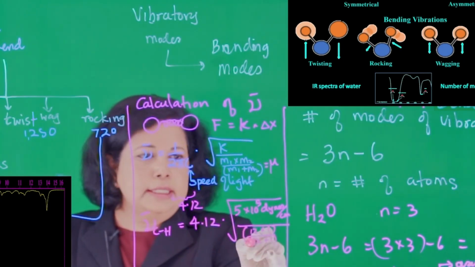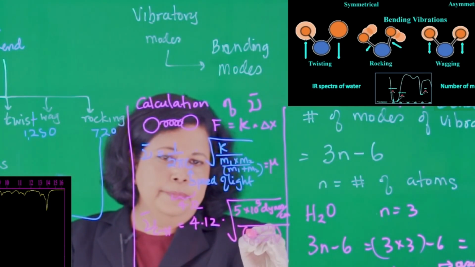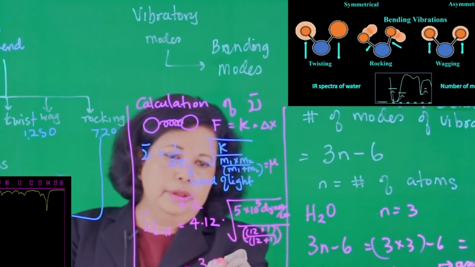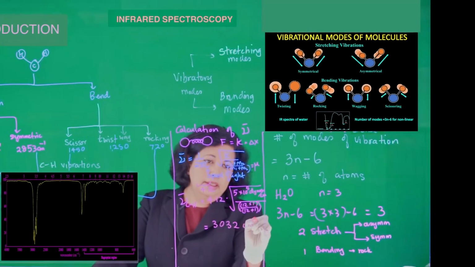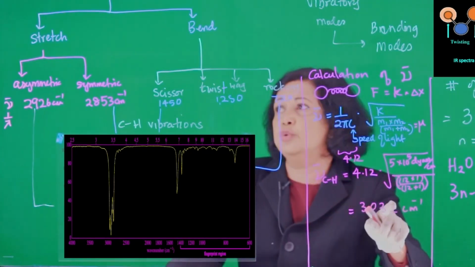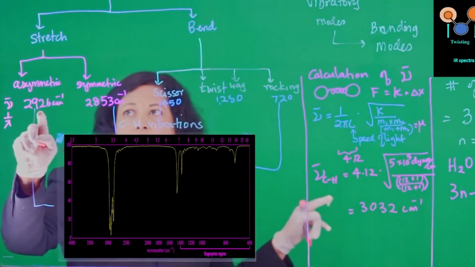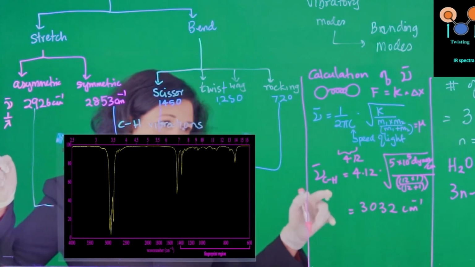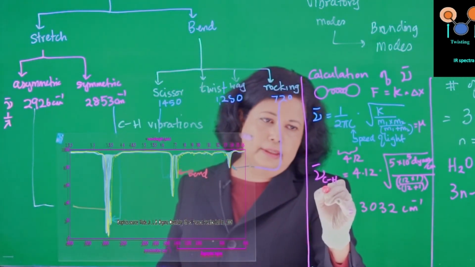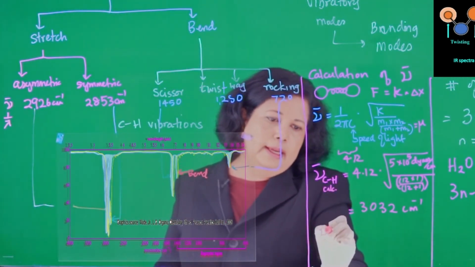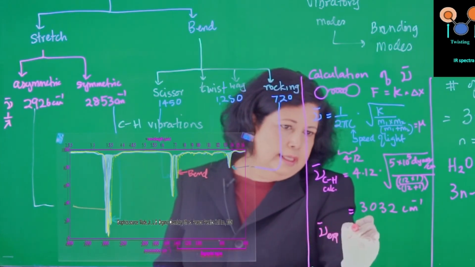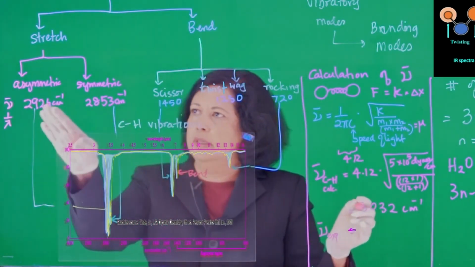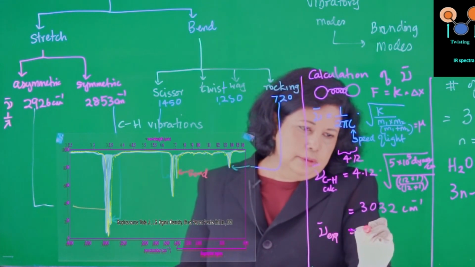And this all works out to be 3032 centimeter minus 1. I mean, that's really close to the experimental value. So this is the theoretical or calculated value, and the experimental value is about 2,900 or close to 3,000.